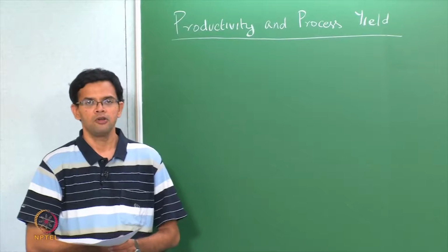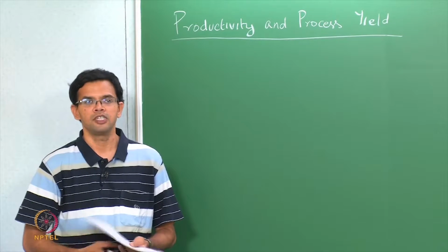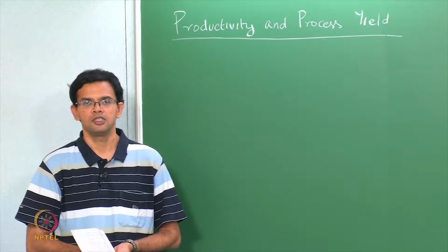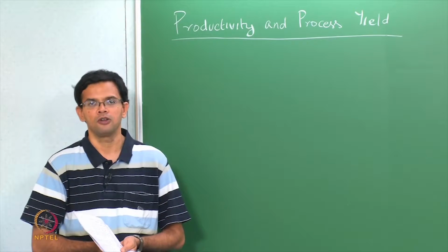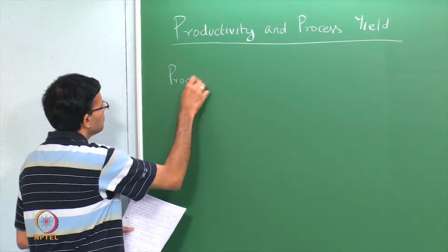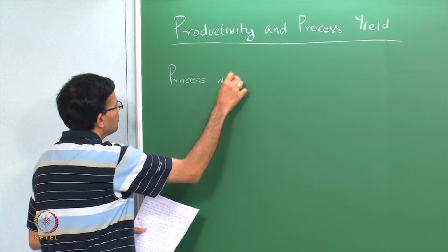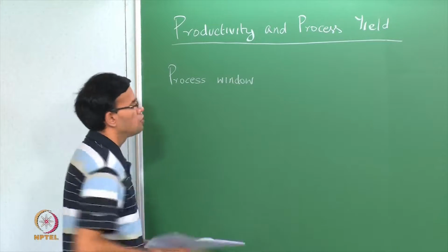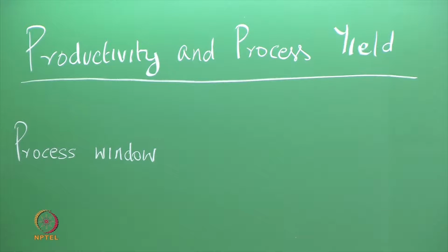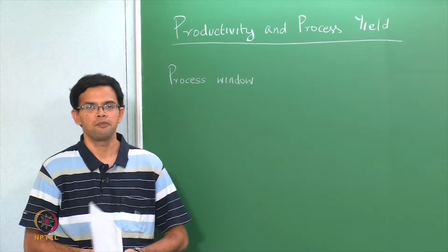So, when we talked about process evaluation in last class, we saw that for each of the individual processes we define some sort of a process window. So, the process window basically defines the parameters that are acceptable to that particular process.